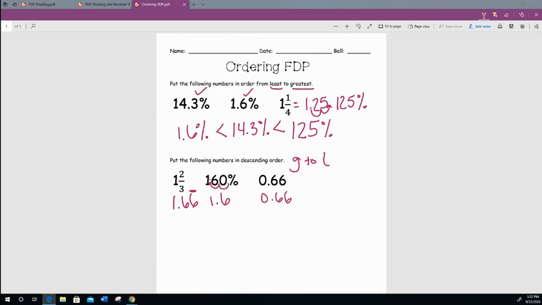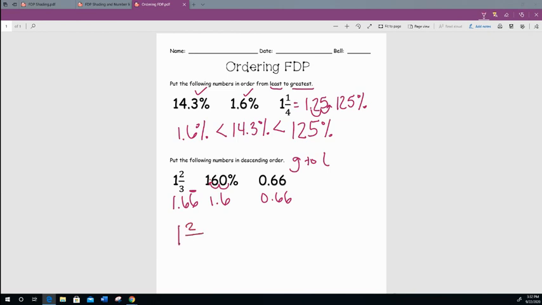Now we need to put this in order from greatest to least. Our greatest number is not going to be 0.66. It's got a 0. That's not going to work. Here, both of these have a 1 and both have a 6. However, this is just 1.6, done. Whereas this is 1.666666 and it goes on and on. So this is going to be larger.